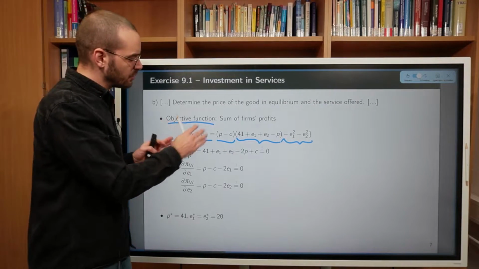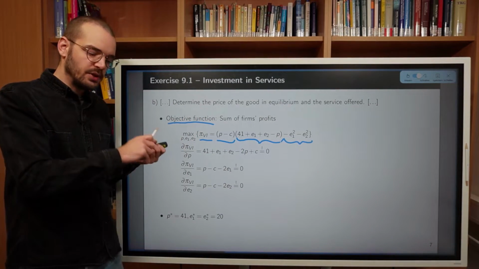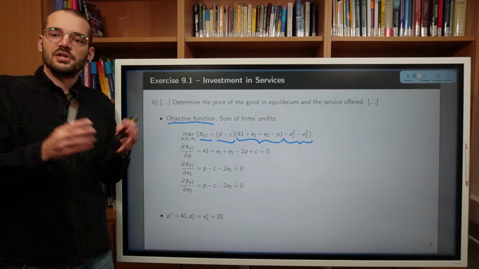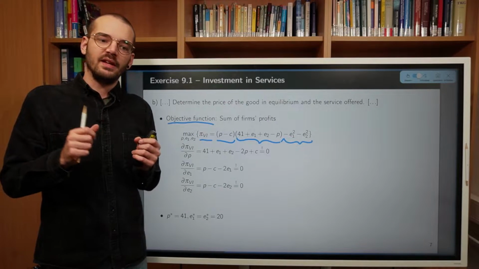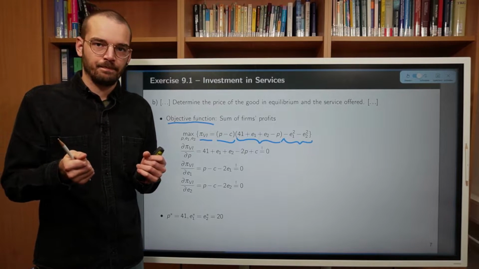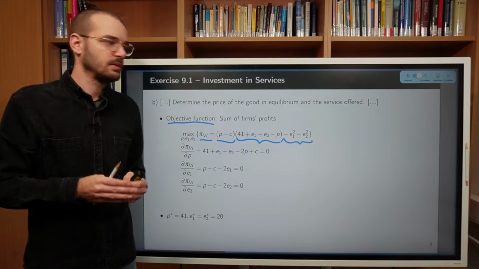Alternatively, you will come to the same profit function if you do what we usually do when we consider the profit function of a merged firm, which is to calculate the sum of the profits of the individual firms that participate in the merger, right?